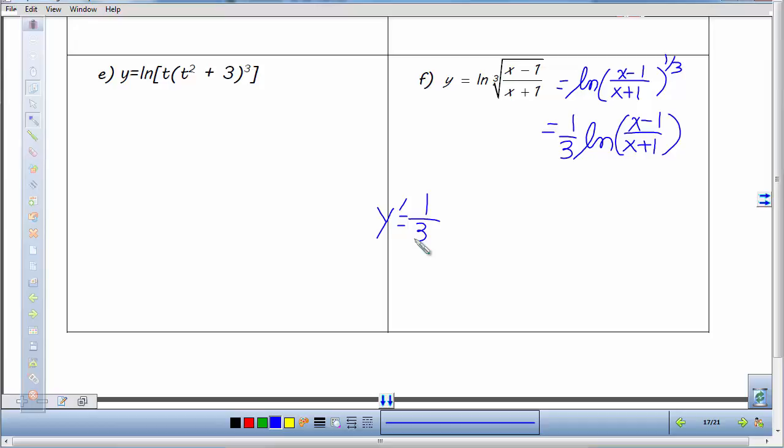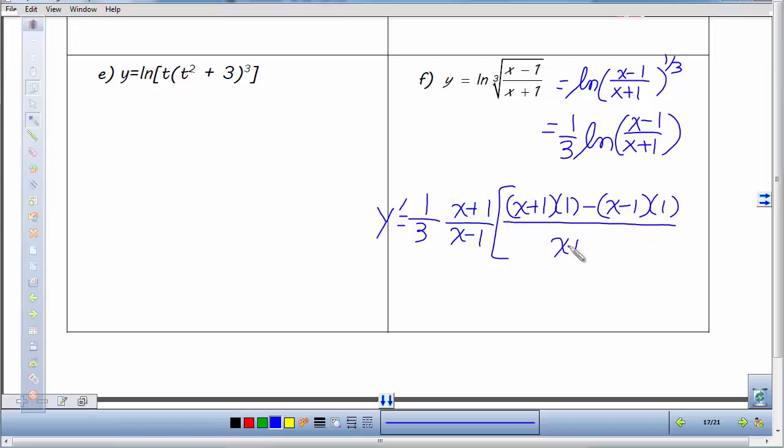We just take the reciprocal: x plus 1 over x minus 1. 1 over this thing flips it over, right? So we get x plus 1 over x minus 1. That's where I did the natural log derivative right here. And now the only thing I have left to do is my quotient rule. So we do low d high minus high d low all over low squared.